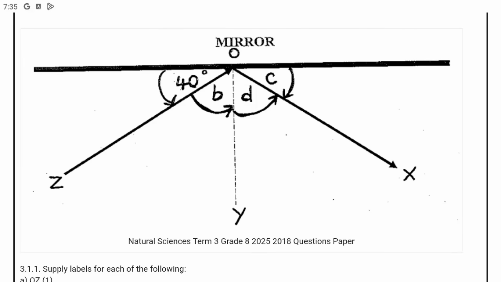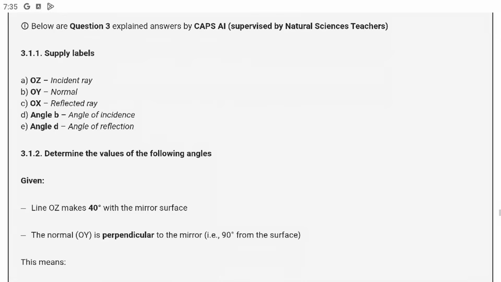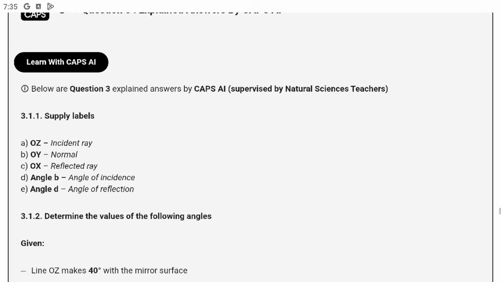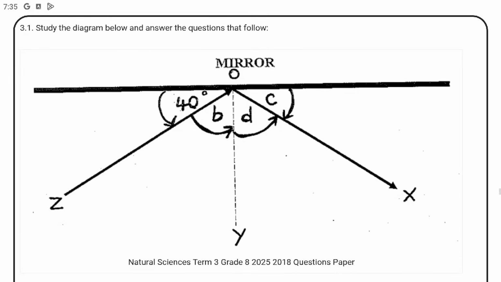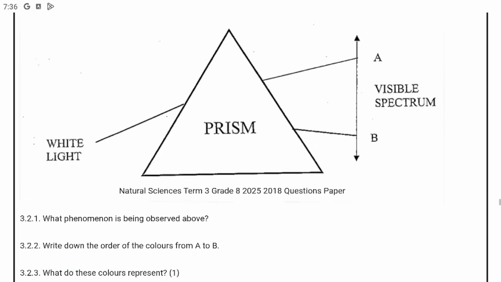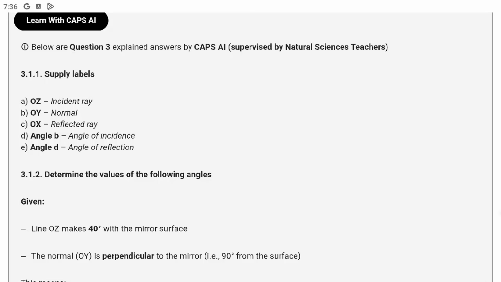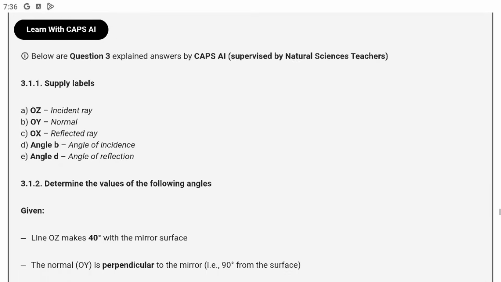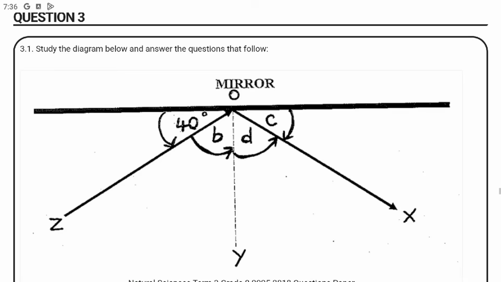So angle of incidence is angle B. Angle of reflection is angle D. This is our angle D, the angle of reflection.